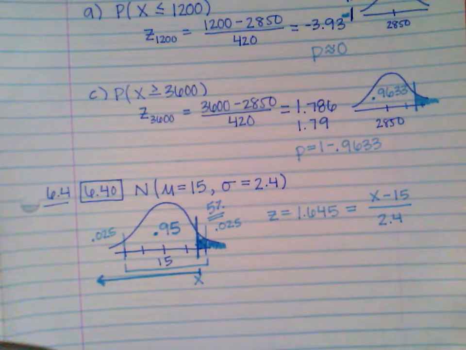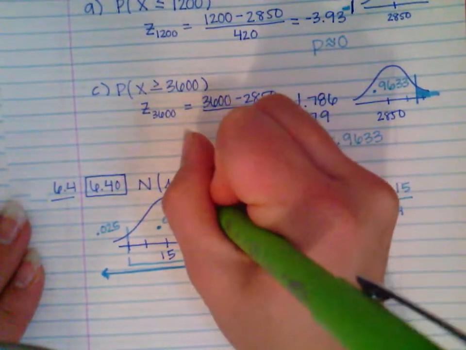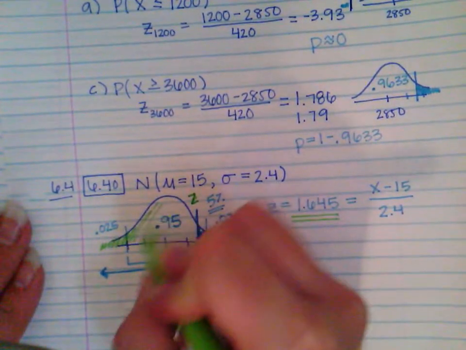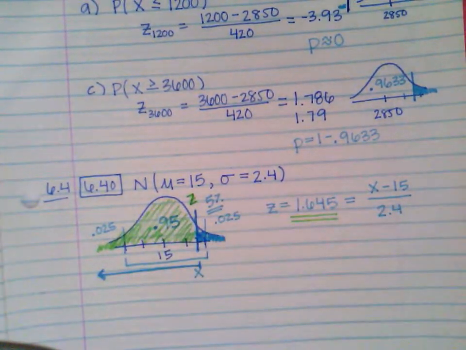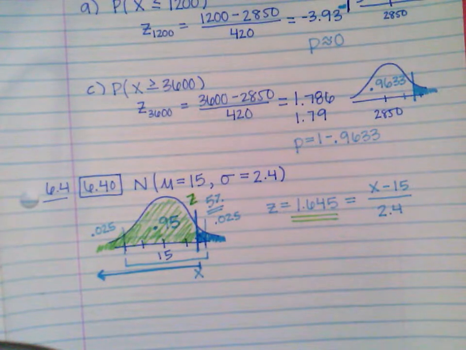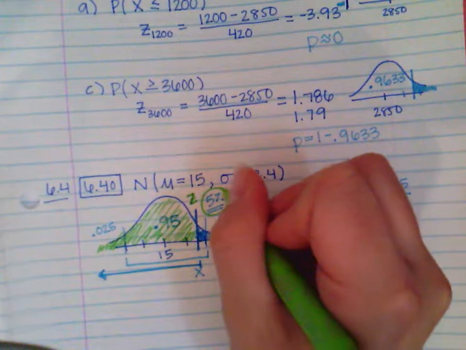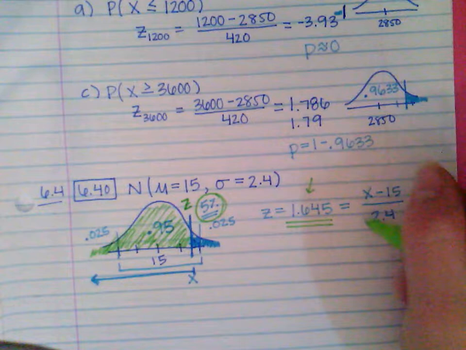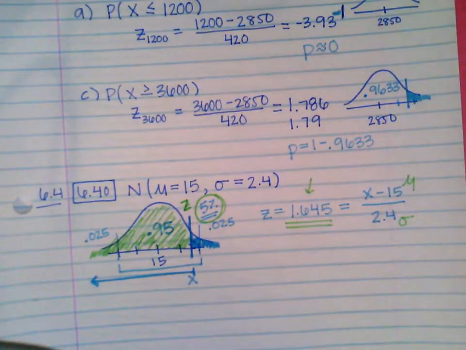So again, just to reiterate, 1.645 is the number of standard deviations from the mean that gets me 95% on that left side, and I want 95% on that left-hand side because I want 5% to be on this top part here. After I know the z-score, I can then set it equal to x minus the mean over the standard deviation, and then I can solve that for x using algebra.